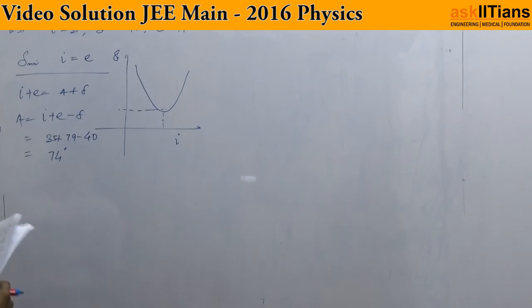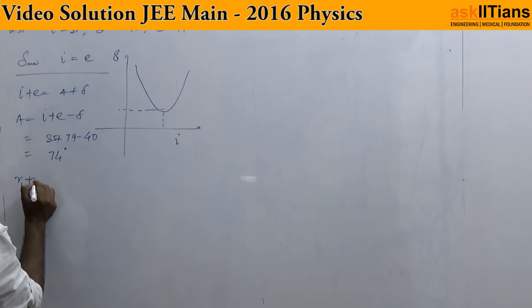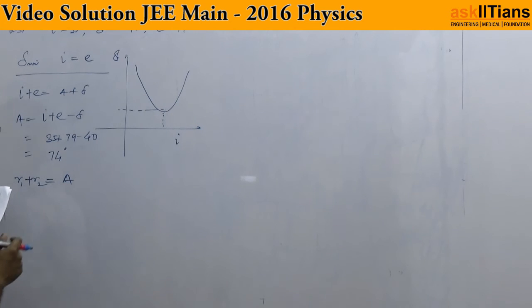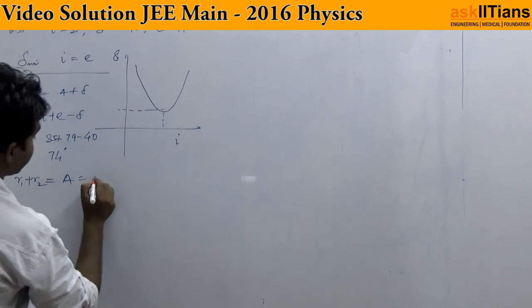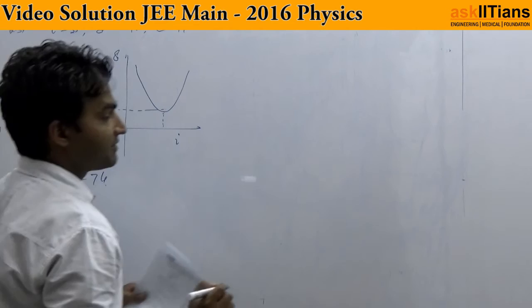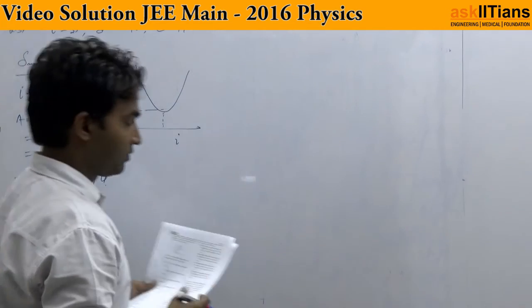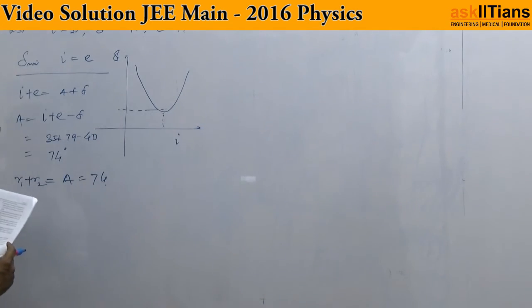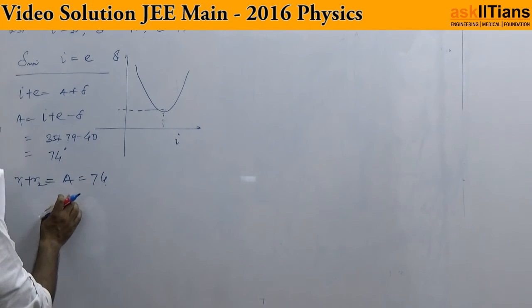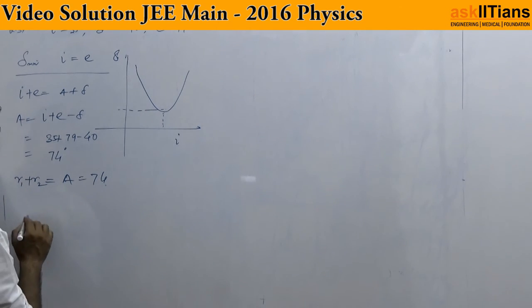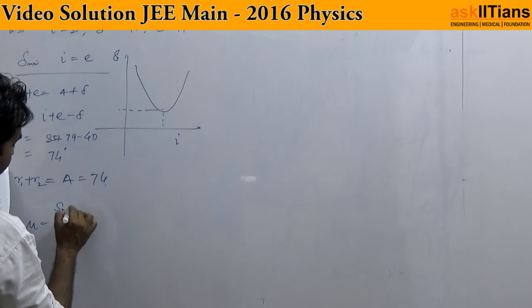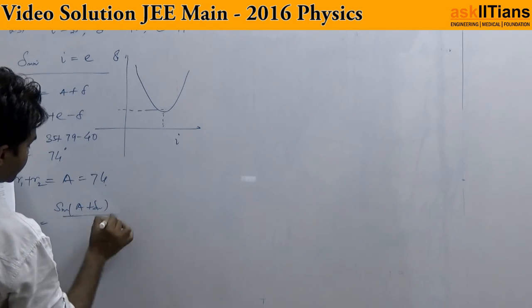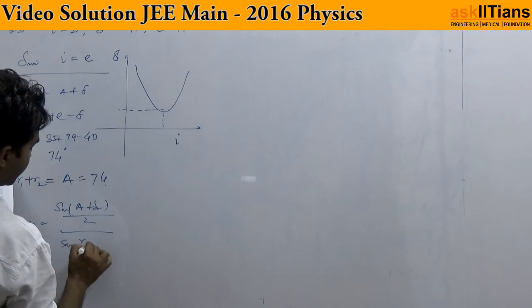Now r1 plus r2 should be equal to A, which is 74. Minimum deviation is possible when r1 is equal to r2. So we can write mu is equal to sine of (A plus delta m) by 2 upon sine of (A by 2).